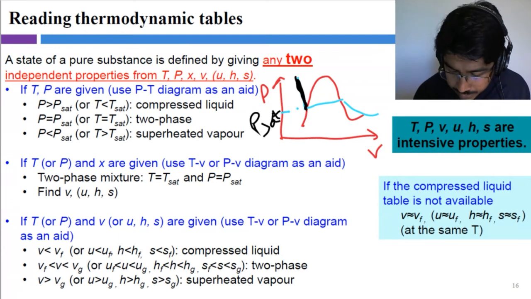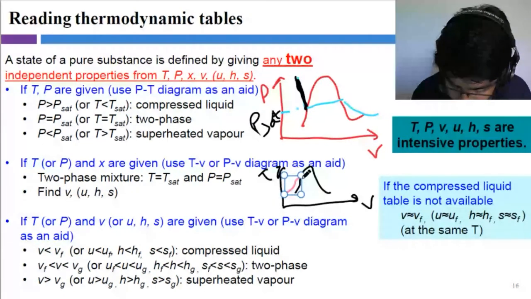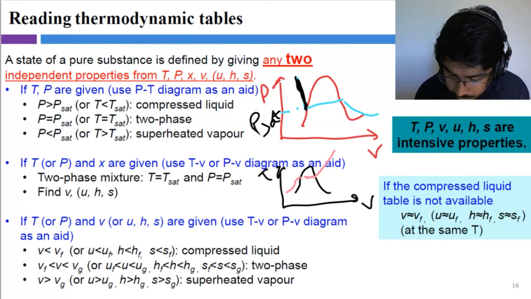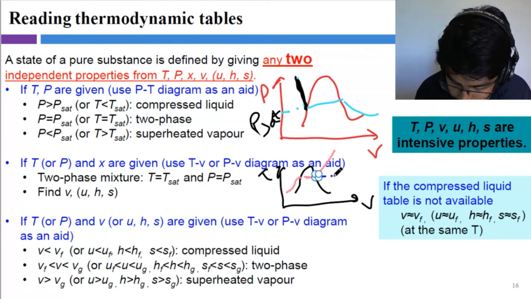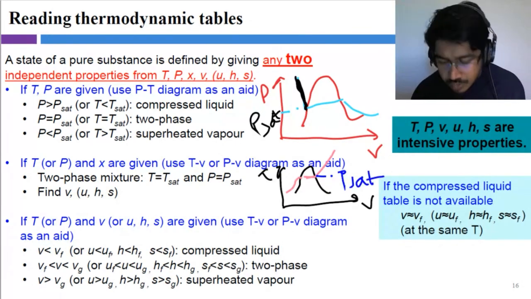So in a T-v diagram, if we draw an isothermal, constant pressure line, you can see that if our temperature is lower than the saturation temperature, T sat, right?